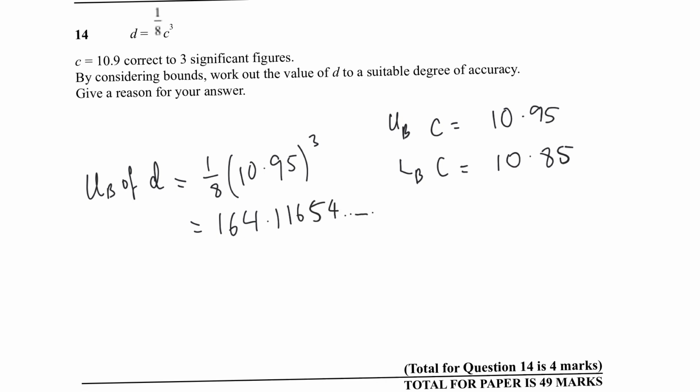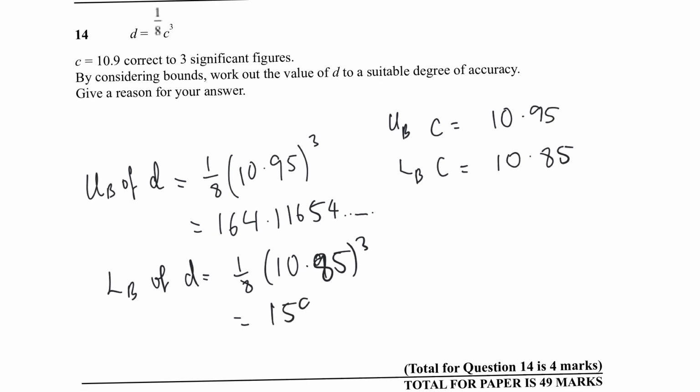164.11654. And then for the lower bound of D, it will be an eighth times 10.85 cubed. That leaves you with 159.661140.